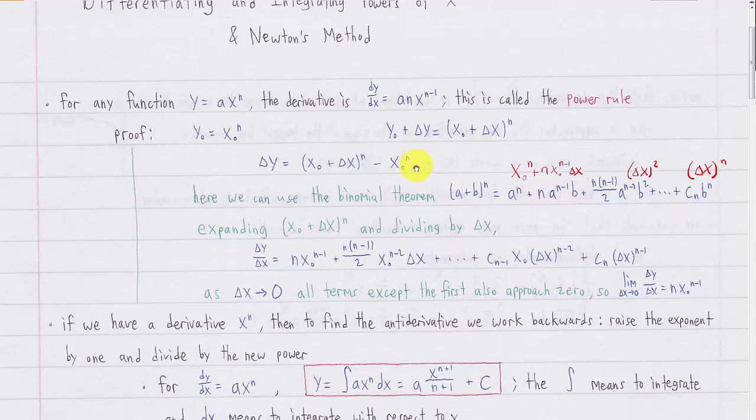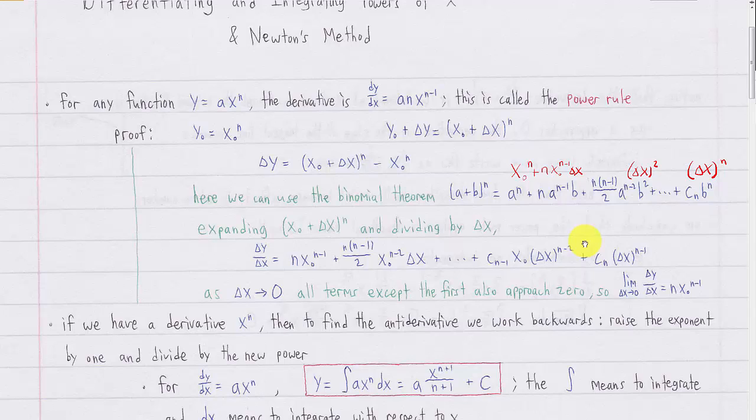So when we expand this expression with the binomial theorem, notice that we can now subtract this x0 to the n power, and this x0 to the n power will cancel out. So we just have all the rest of these terms. And then when we divide by delta x, since this term is the only one with only one delta x, this is the only term after dividing by delta x which will not have a delta x left over.